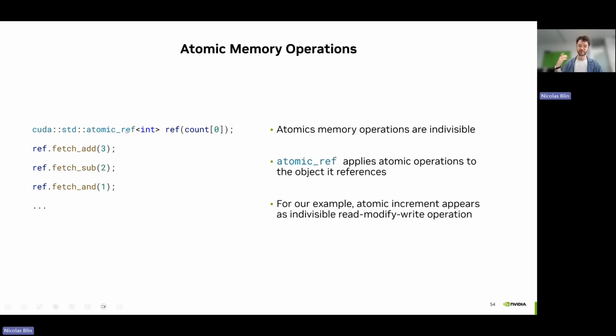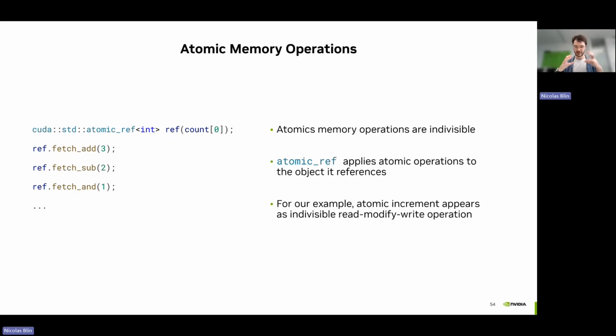That means we can perform atomic operations on count0 by modifying it through this ref, which is an atomic reference. So we can now do atomic add, atomic sub, atomic and, and every time we do that, those operations will be atomic, so they will all be performed in a single operation.